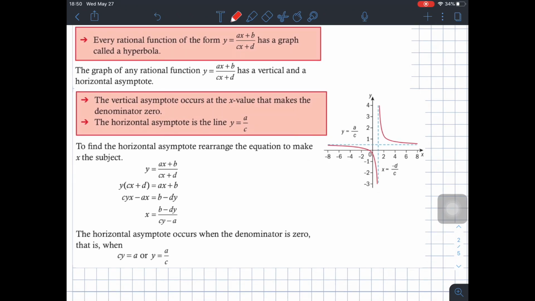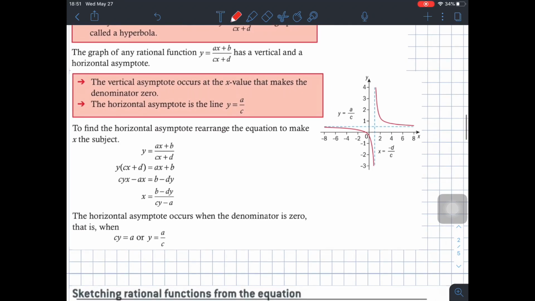The vertical asymptote occurs at the x value that makes the denominator 0. You already know that rule. And the horizontal asymptote is always the line y equals a divided by c, which is this number divided by this number. So basically we don't care about b and d when we look for the horizontal asymptote, okay?